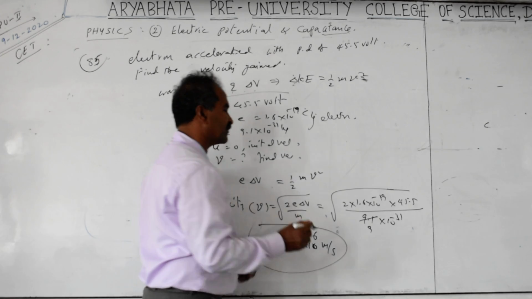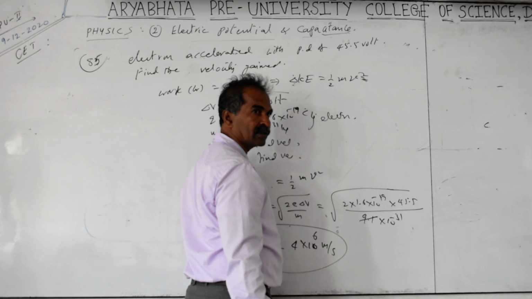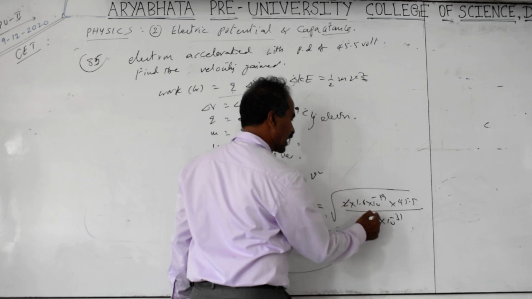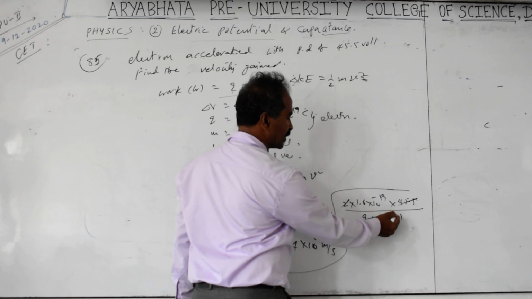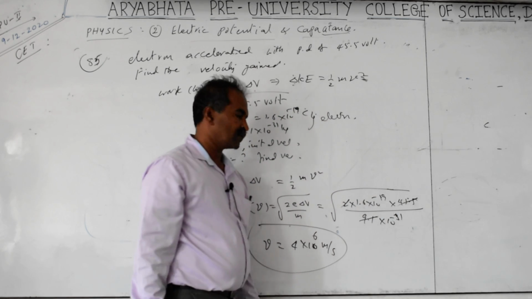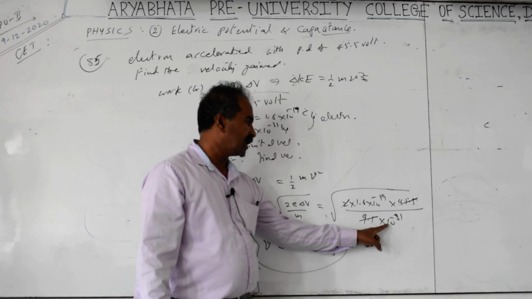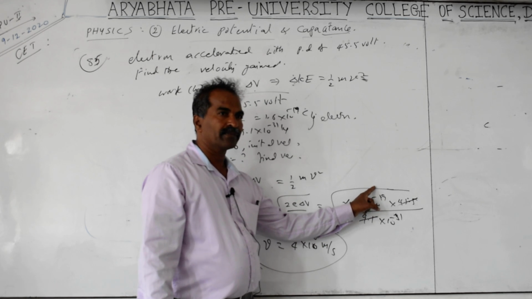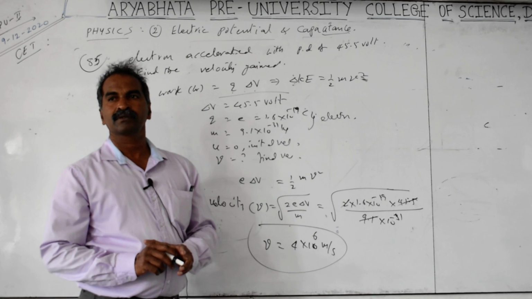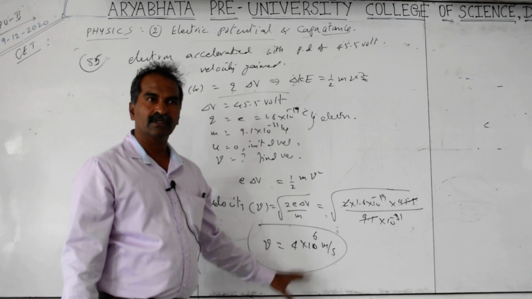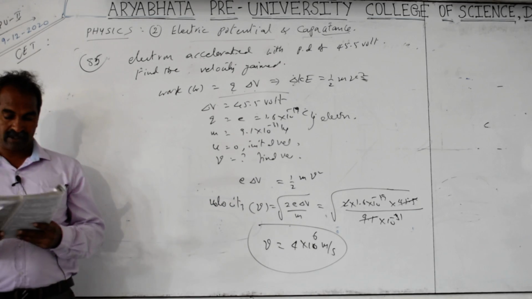If you take 9.1, it directly cancels here. 2 into 45.5 is 91, so 9.1 cancels directly. Left out is only 1.6 and 31. 16, root 16 is 4 only. So you will get 4. Decimal you modify: minus 19, with 1 decimal is minus 20. This 31 take to the numerator, and the root of 12 is 6, so you get the velocity in meter per second. So 9.1 only you take for the mass of the electron.